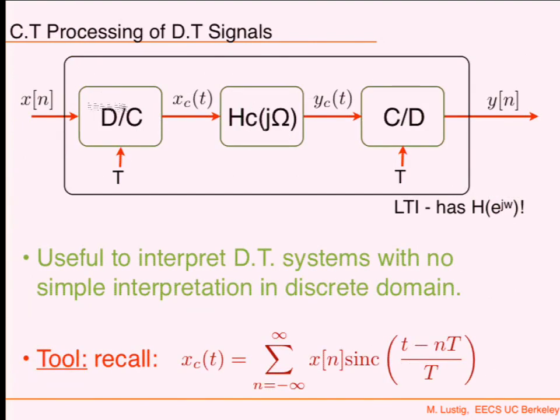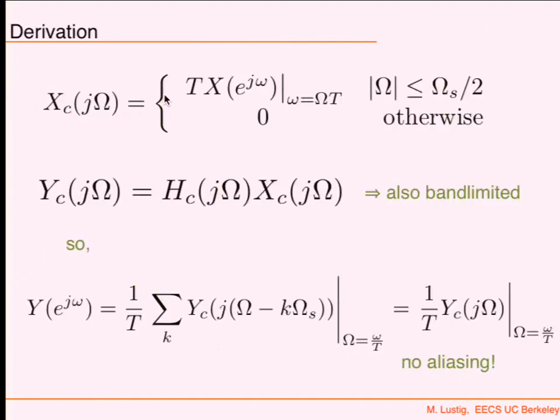Because when I went here, I just reconstructed a band-limited signal. And the band-limited signal has a Fourier transform between that bandwidth that is similar to the DTFT of that signal. Okay. All right. Does this make sense?